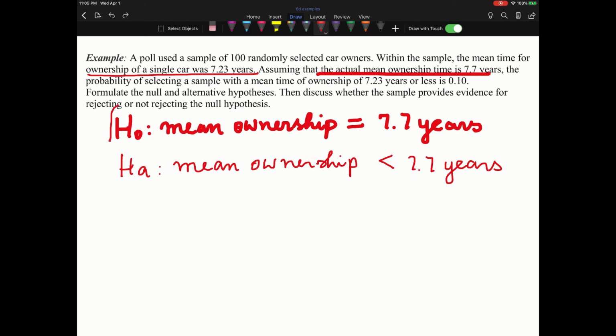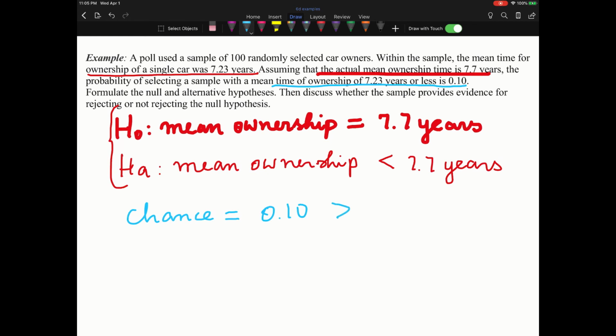Under the assumption that the null hypothesis is true, the problem says that the chance of observing a sample with mean ownership of 7.23 or less is 0.10. So we have that the probability or chance given the problem of this occurrence for a sample is 0.10.